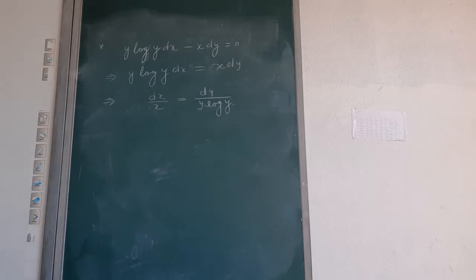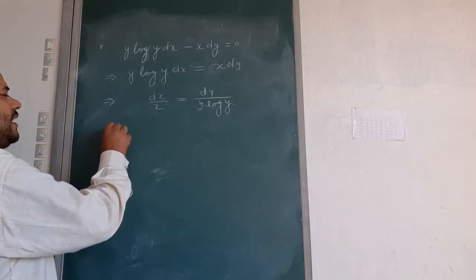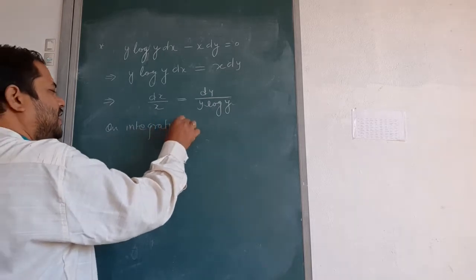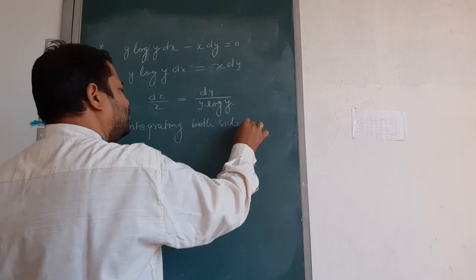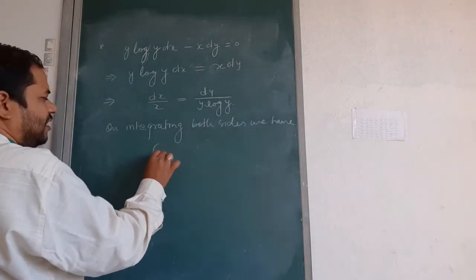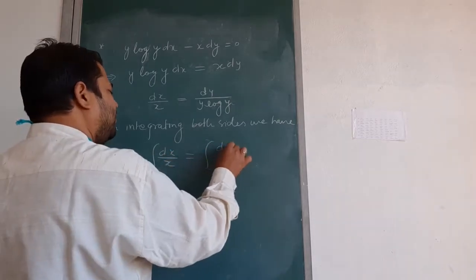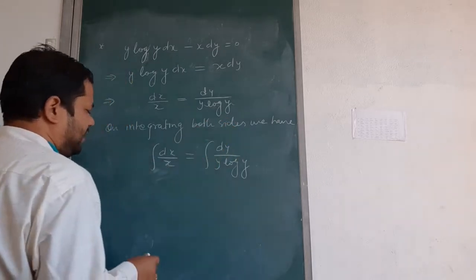Okay, variables are separated, and now on integrating both sides we have the integral of dx upon x is equal to the integral of dy upon y log y.